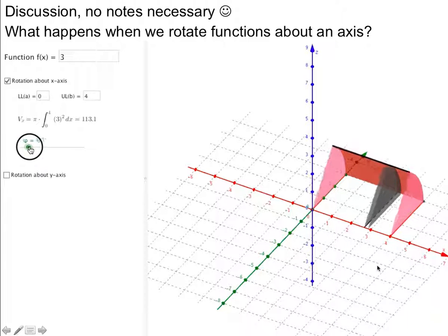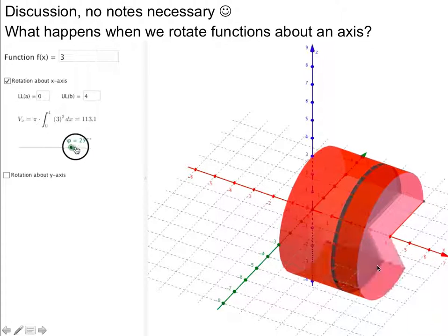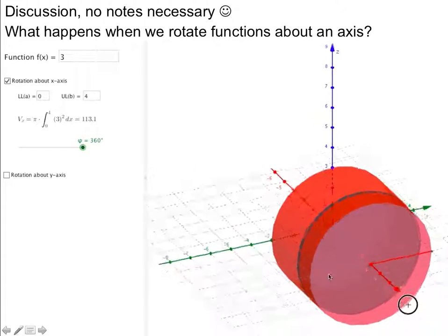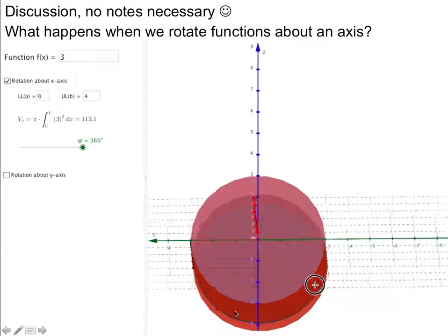And as we rotate it all the way around, you can see that we get that cylindrical shape. And this dark disc in the center is what we call a representative disc. And we'll talk a little more about that when we get into the calculus involved.